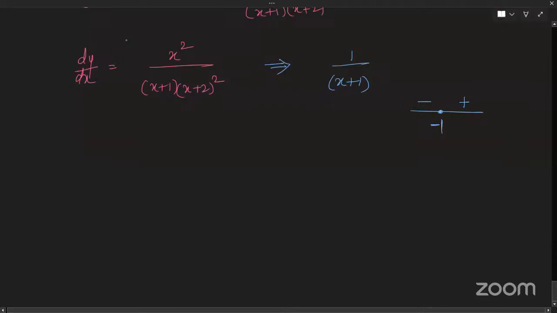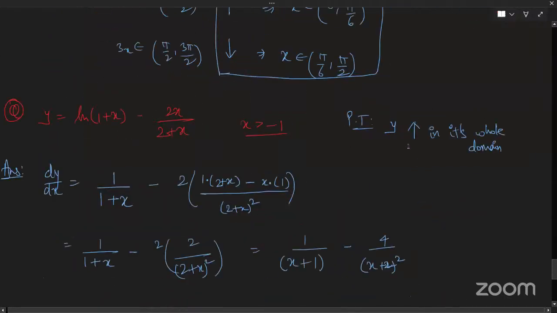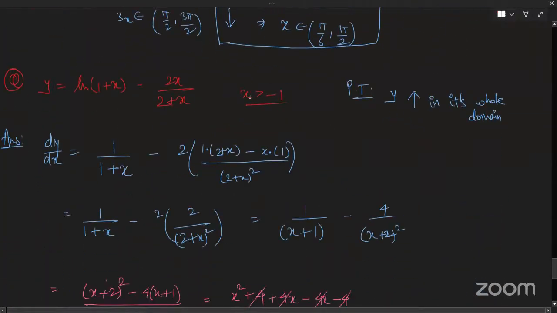Right? So I can say that when x is lesser than minus 1, my dy by dx is negative. And when x is greater than minus 1, my dy by dx is positive. If dy by dx is negative, it is decreasing. And when dy by dx is positive, it's increasing, right? But I am only talking about, see, I have restricted my domain.